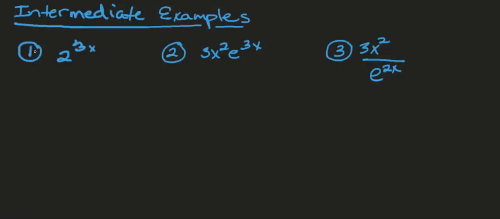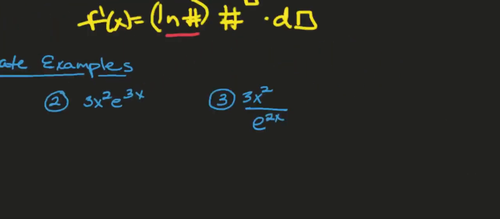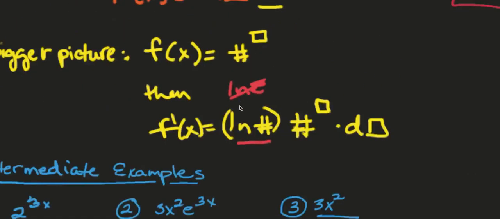Today we're going to look at some intermediate examples of exponential derivatives. Here we have 2 to the 3x. If you remember the rule for any number to whatever, you only tag on the natural log of that number. Everything else remains the same. You rewrite the number to the box and multiply it times the derivative of that box, whatever that box may be.